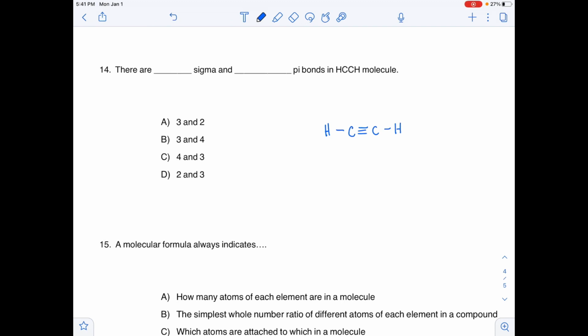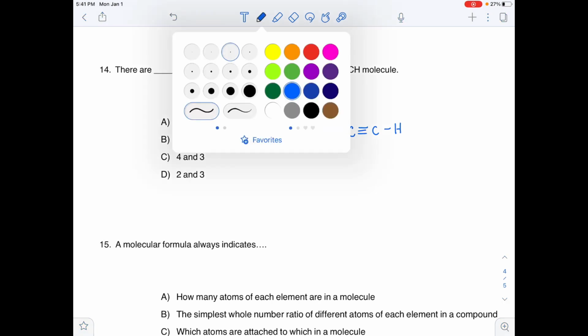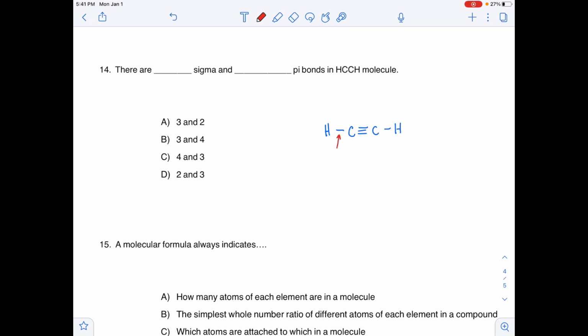A double bond has 1 pi and 1 sigma. A triple bond has 2 pi and 1 sigma. So we can tell by looking at this that this is going to be a sigma. There's 1 sigma here, and there's another sigma there. So that means we're going to have 3 sigmas. We're definitely going to have that. And then there's these 2 bonds here, which have to be 2 pi bonds. So there's 3 sigma and there's 2 pi bonds. So the correct answer is going to be A.